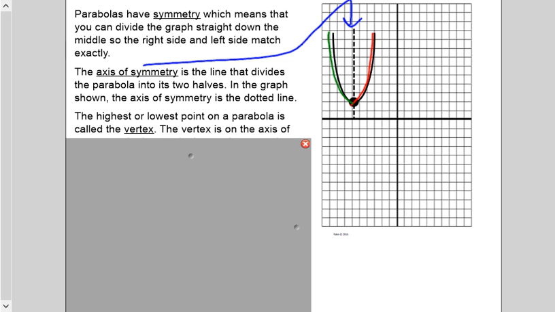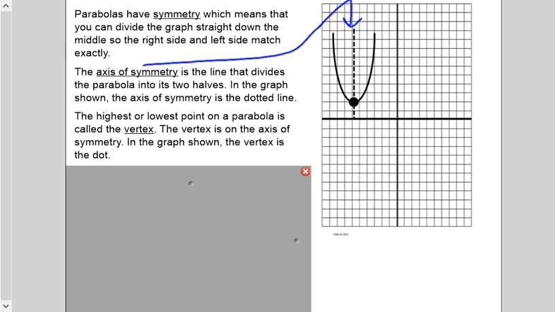Let me get rid of some of those colors so they're a little easier to see. That black dot is the lowest spot on that parabola. That is its vertex. The vertex is always on the axis of symmetry. So it's not going to be off to the side anywhere, but the vertex, that dot, is always going to be lying on top of that dotted line.